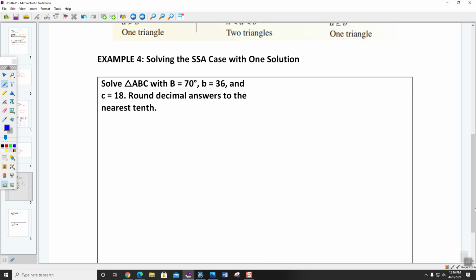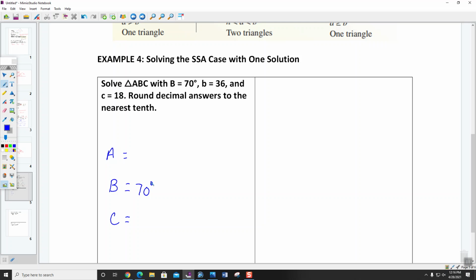We're going to attack these the same way each time we start. Okay, what angle do you know in this problem, kids? And that is angle B. So no matter what we do, is B ever changing or is it staying the same all the time?